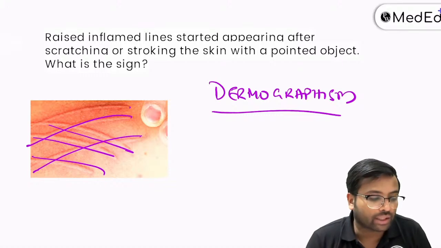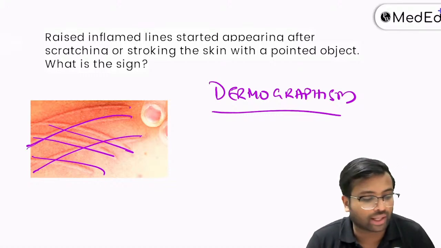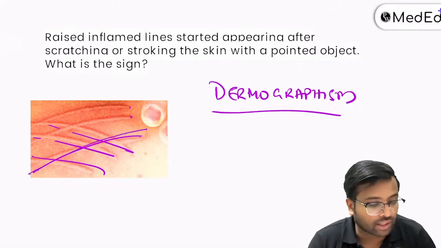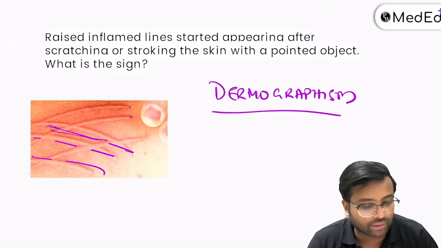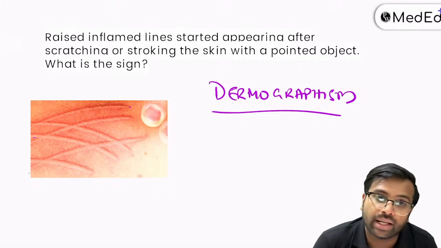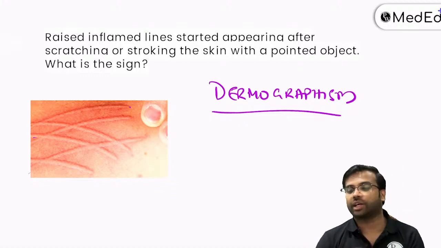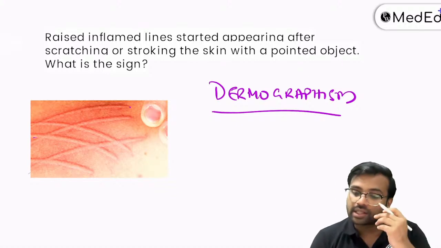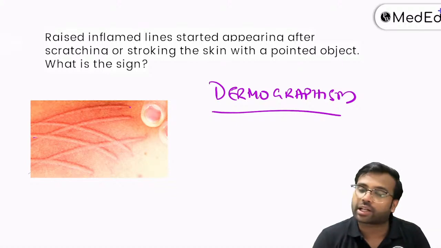I get to see that the patient has developed something like this over the skin. Wherever I have stroked over the skin, at the same site the patient has developed an urticarial wheal. This phenomenon is called as dermographism, isn't it? This is an exaggerated wheal and flare response.